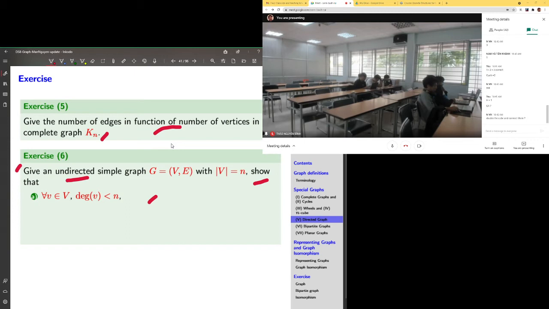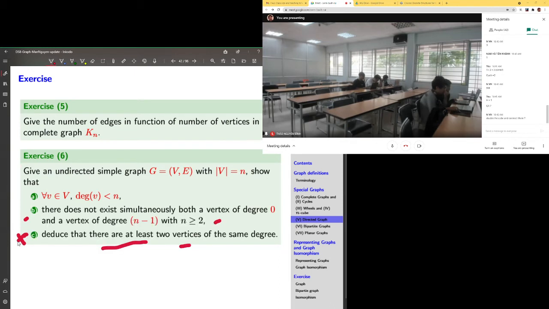There, sometimes the proof is not easy. You have to write down the full argument. In particular, the last one here is not easy. You have to write that argument carefully. At least two vertices of the same degree in any undirected simple graph.